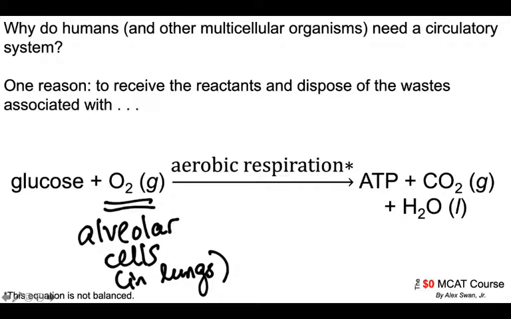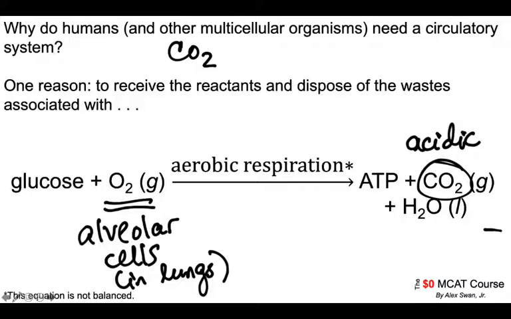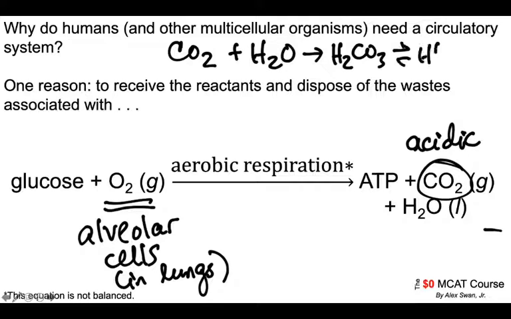Similarly, a waste product of aerobic respiration is CO2. CO2 is acidic, and the reason for that is that when CO2 gets placed into an aqueous solution, it combines with water to give you carbonic acid, which will dissociate into a proton and its conjugate base.